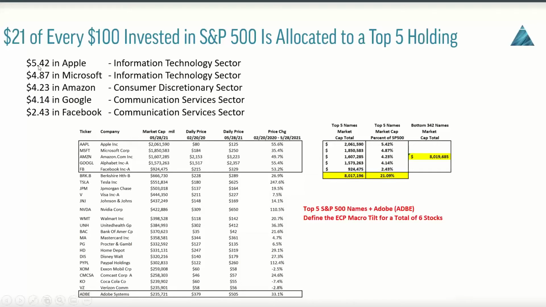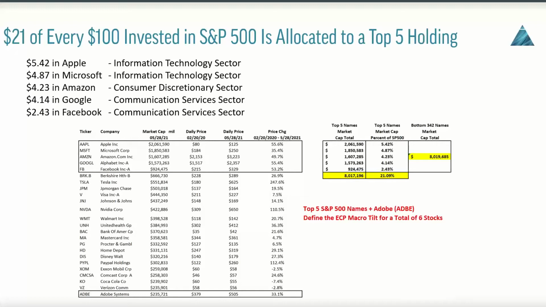So out of that, roughly $5.42 would go into Apple, $4.87 into Microsoft, $4.23 into Amazon, $4.14 into Google, $2.43 into Facebook. And you can see the sectors related to those names here: information technology, consumer discretionary, communication services.